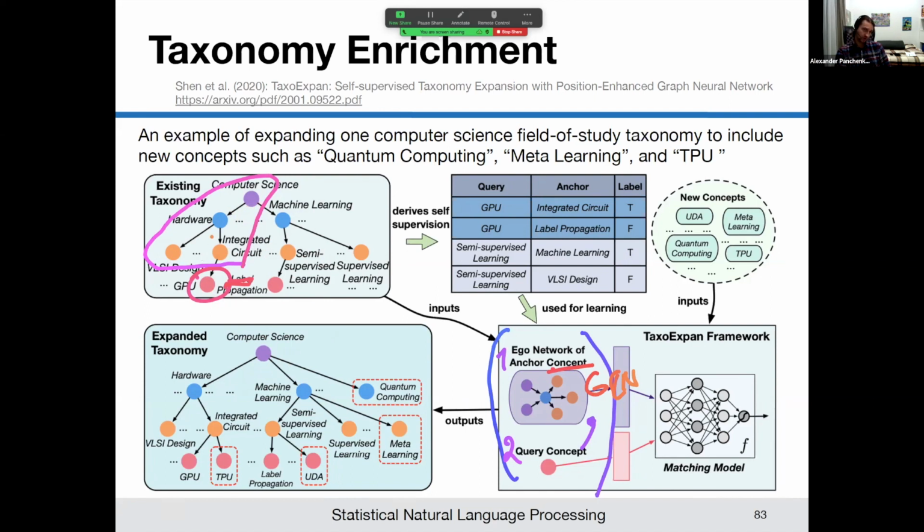If you just flatten all these relations, you will not consider the fact that this is a hyponym, so this is less specific and this is more specific. They show that it makes a lot of sense to take directionality into account. Okay, so this is another useful application in NLP of these technologies.